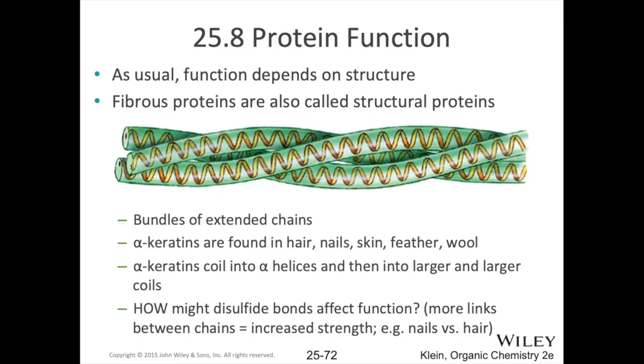These include things like hair and nails and wool and feathers, things that are tissues, so to speak, that are a little bit hardier, a little tougher. Basically you have a lot of strong interactions between these protein chains, and they wrap around each other into long strands or fibers that have some strength to them.